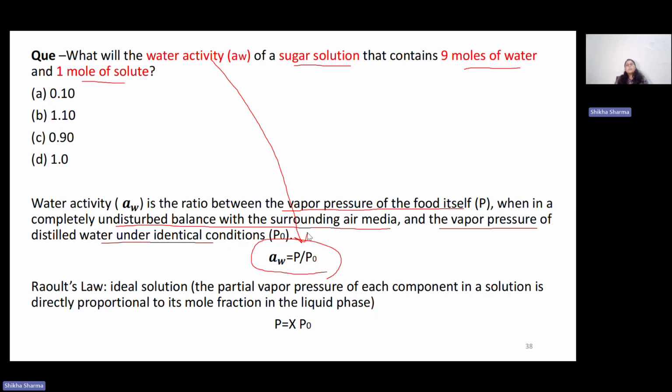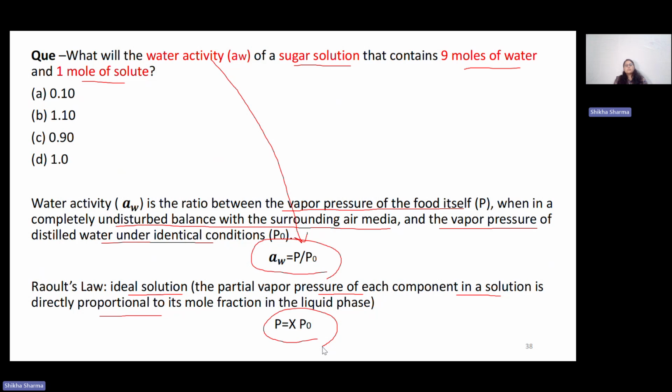When we are adding some solute molecules to a completely pure solvent, we usually follow Raoult's law. For an ideal solution, the partial vapor pressure of each component in a solution is directly proportional to its mole fraction in the liquid phase, which is P equals X P naught.